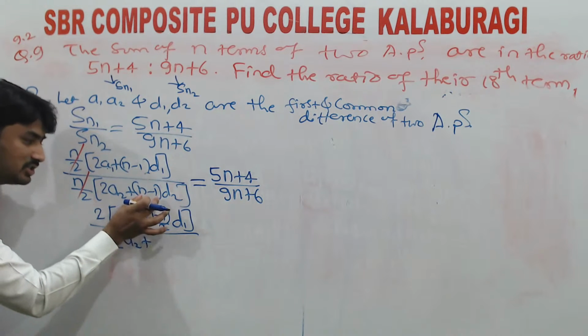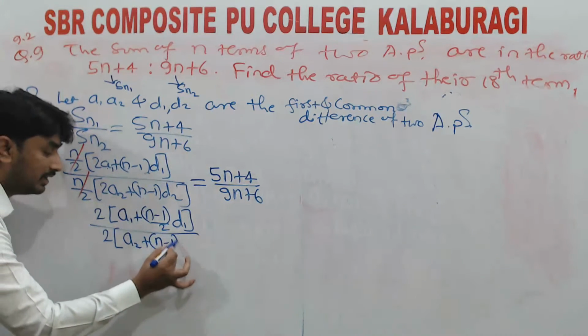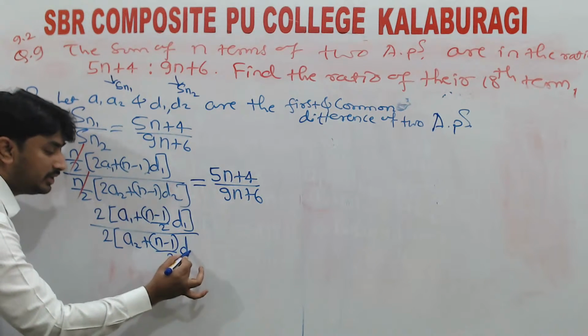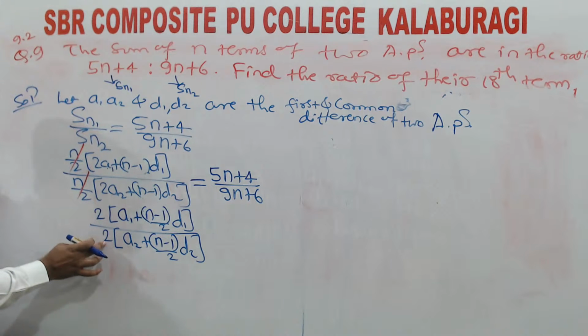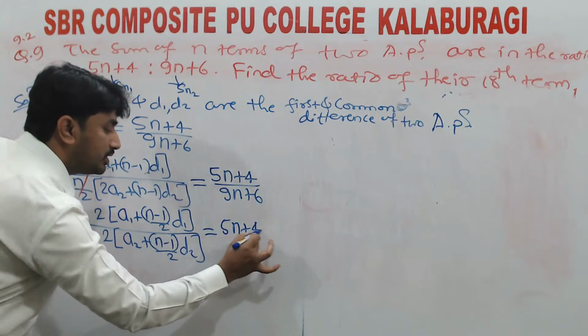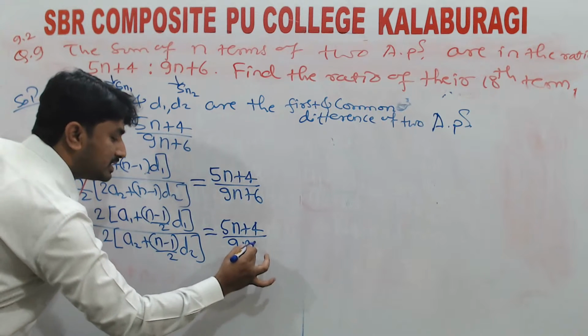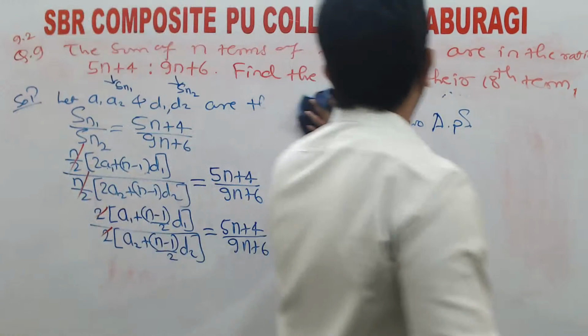In the second term there is no 2, therefore it is (n minus 1) divided by 2 into d2, equal to 5n plus 4 divided by 9n plus 6, right, as it is. Okay, so now next, putting the value of n.